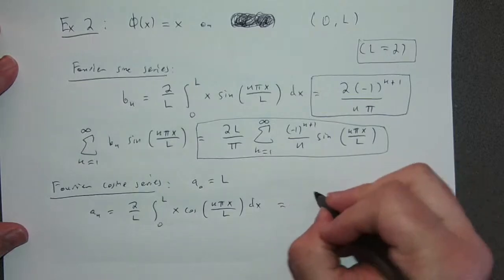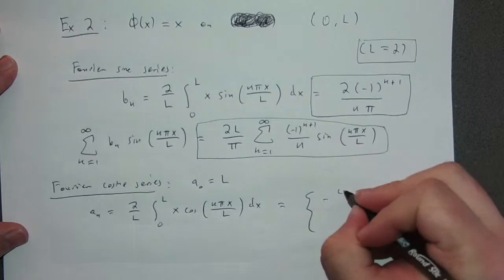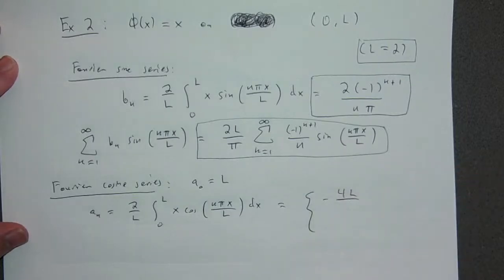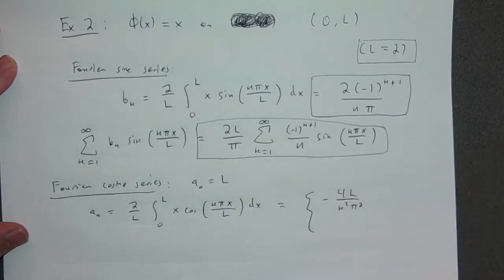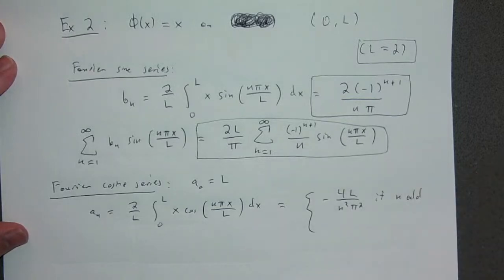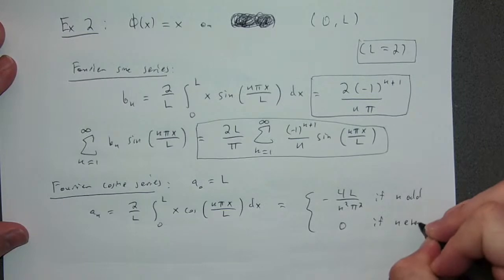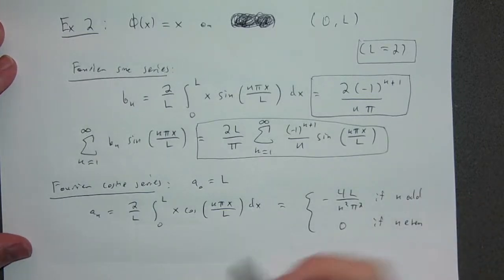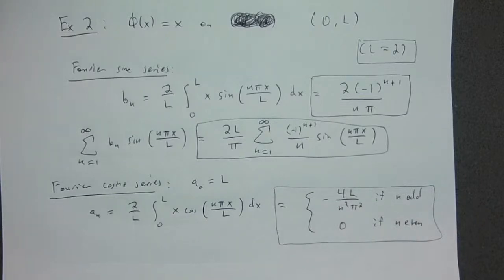In fact, it's only 0 for half of them. So this is minus 4L over n squared pi squared if n is odd, and 0 if n is even. Again, we can just do this with direct computation. So we can just directly integrate that thing, and this is what we get.